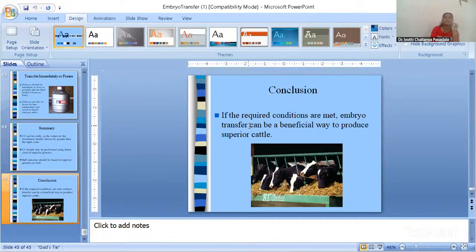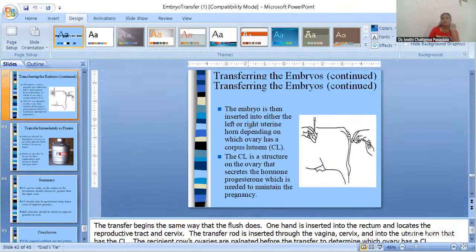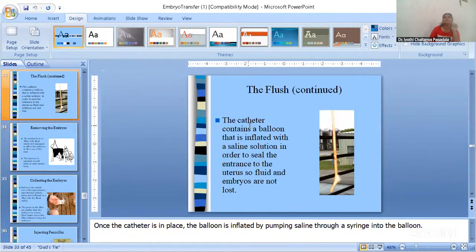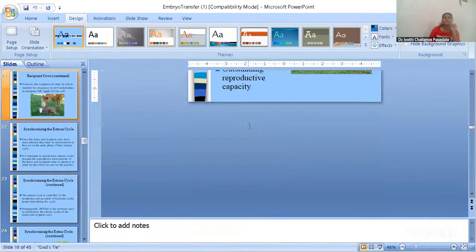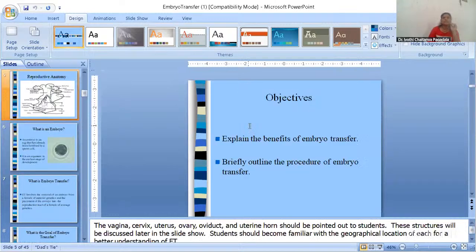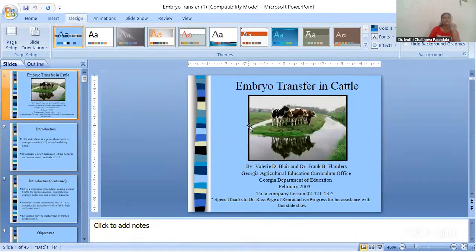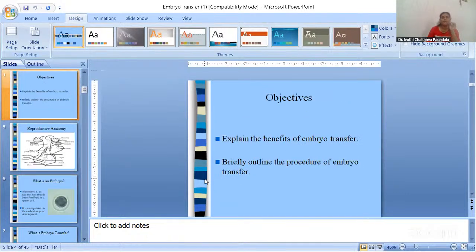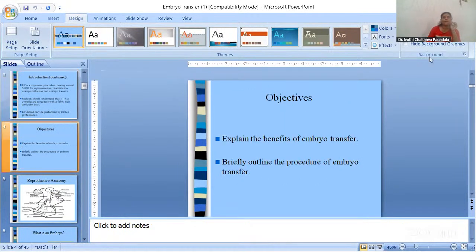If the required conditions are met, embryo transfer can be a beneficial way to produce superior cattle. Our motto is to produce superior cattle. Not only in cattle, but also in human beings, the same techniques are used. This is about embryo transfer techniques in cattle.